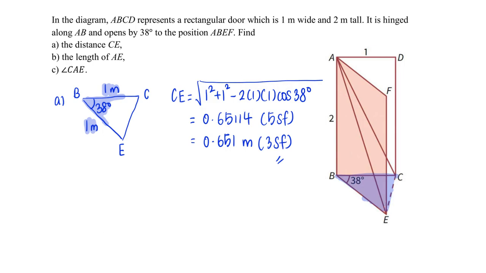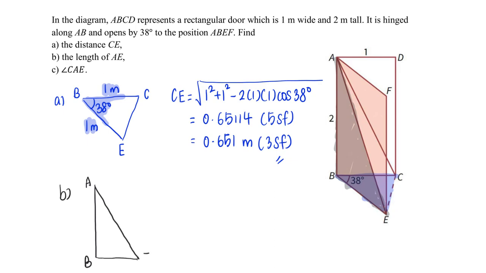Next question, to find the length of AE, we will have to look at triangle ABE. Because it is a rectangular door, for part B we are essentially looking at the diagonal of a rectangle.